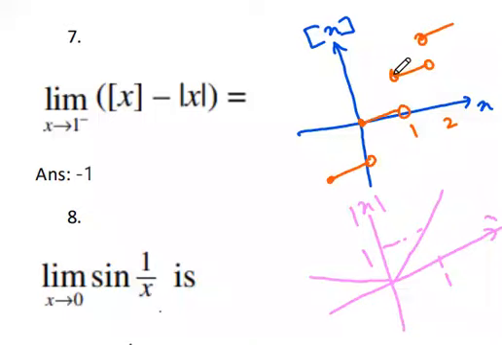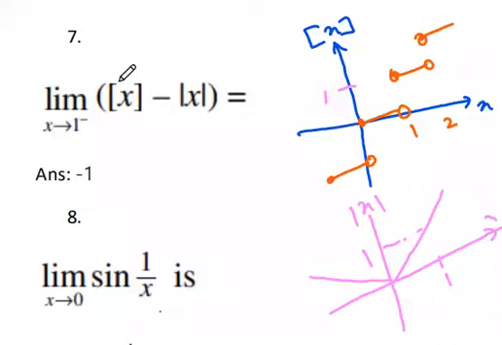When x is 1, the floor function takes 1, and for other values, let's say x is greater than 1 and less than 2, then the floor function takes 1, right?